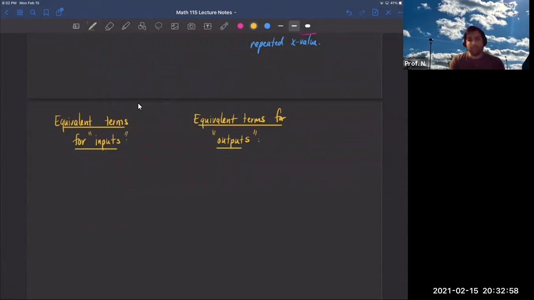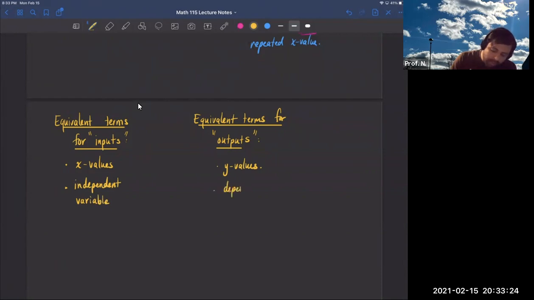For inputs, we're going to be calling them the x values. And for the outputs, we're going to call them the y values. The inputs are also known as the independent variables. And the outputs are going to be associated with the dependent variable.